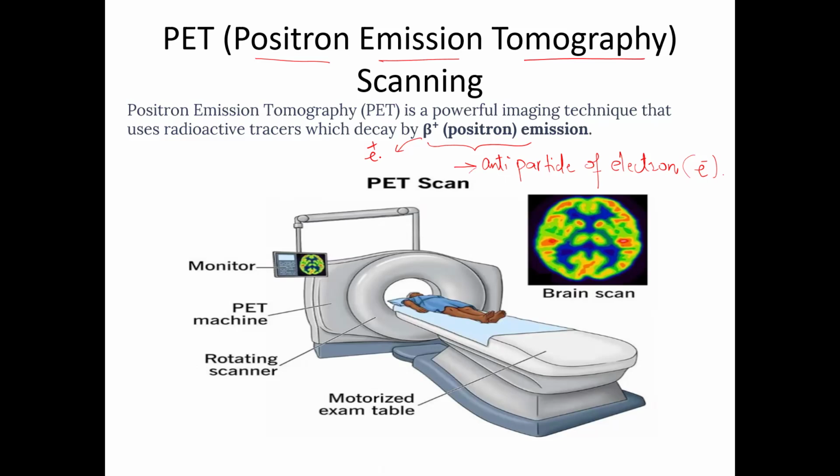There is one monitor on which the respective part of the organ of the body is being monitored, and there's a bed on which the person is lying. The person is introduced inside one shell. This circular part is actually the PET detecting part, right? Generally it helps in diagnosing brain tumors, body cancers, and like that.